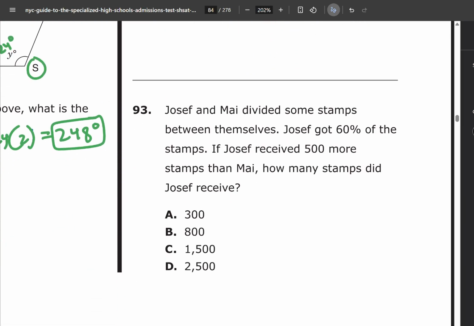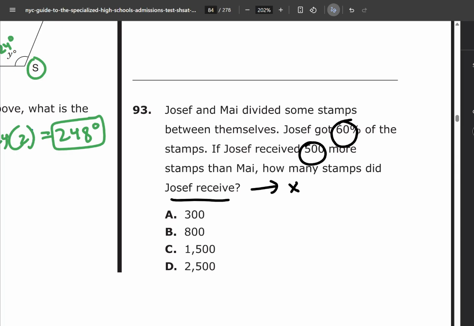Alright, and last but not least, Joseph and May divided some stamps between themselves. Joseph got 60% of the stamps. If Joseph received 500 more stamps than May, how many stamps did Joseph receive? So look, we're being asked how many stamps Joseph received, so it only makes sense to let Joseph's amount be x.